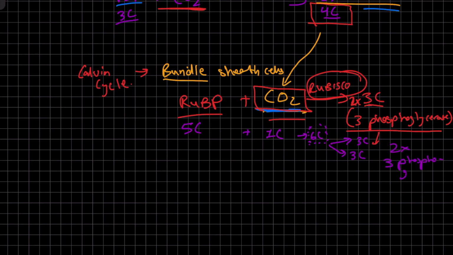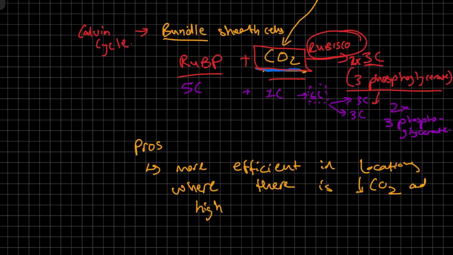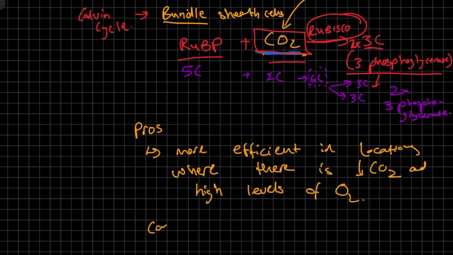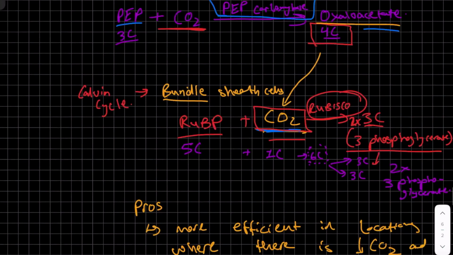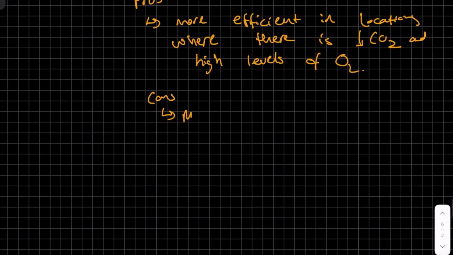3-phosphoglycerates. Now, the pros of our C4 plants would be that they'd be more efficient in locations where there is less carbon dioxide and high levels of O2. A disadvantage of this process would be that the transport of this oxaloacetate to our bundle sheath cells to then release carbon dioxide would require more energy, or more ATP to be used.